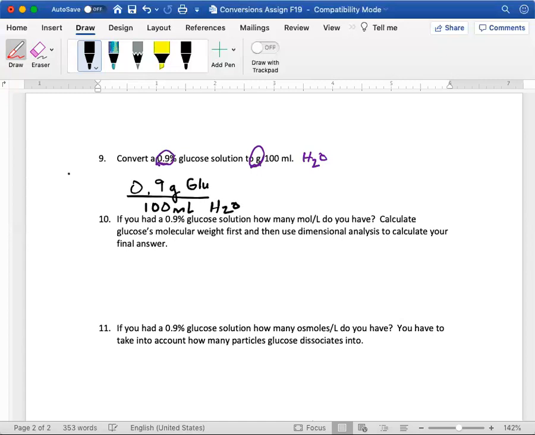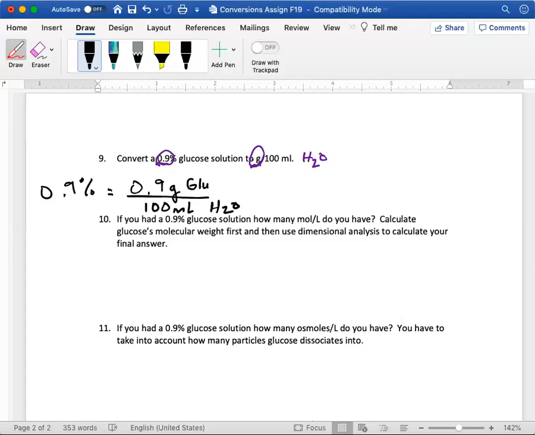So you're taking it from a percent way of writing concentration to a different way of dealing with it, grams per 100 mils. This you can't use to do different types of calculations. This one you can. Okay, so this is what we're going for.